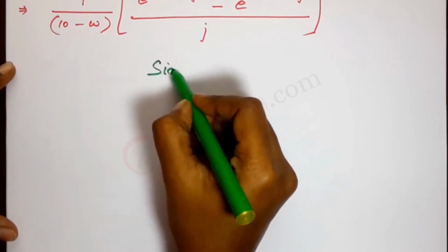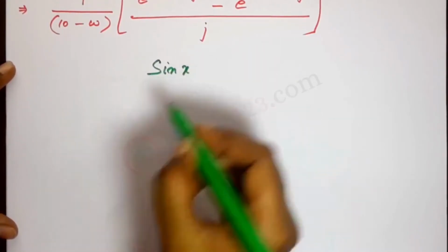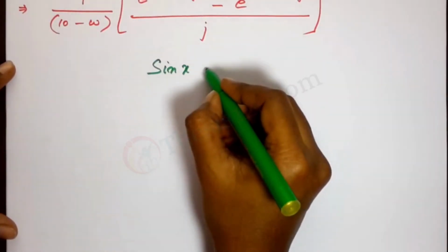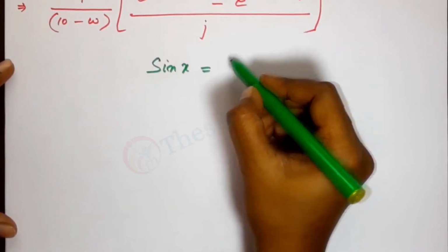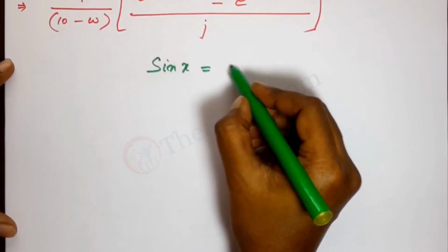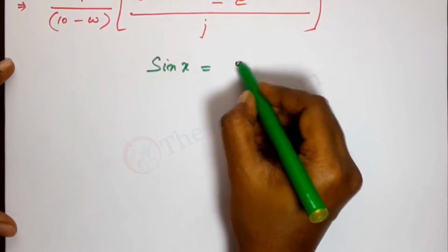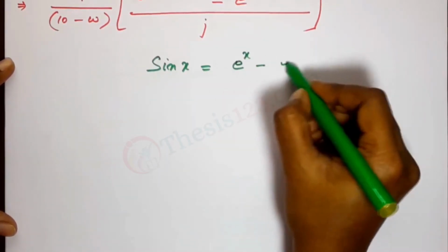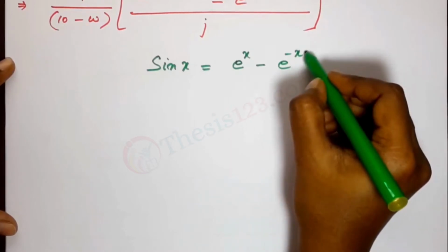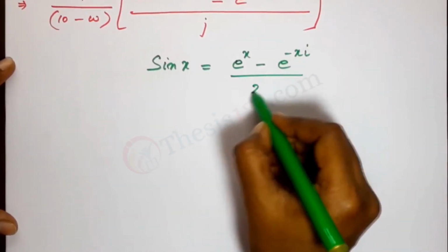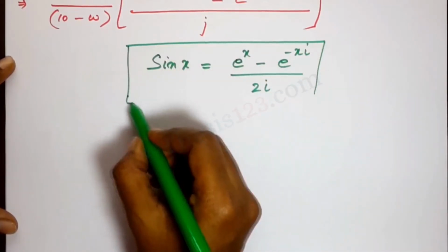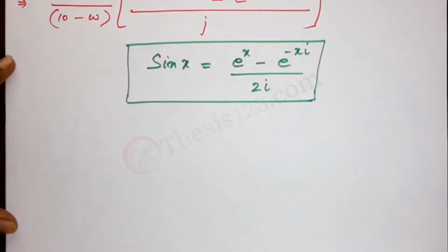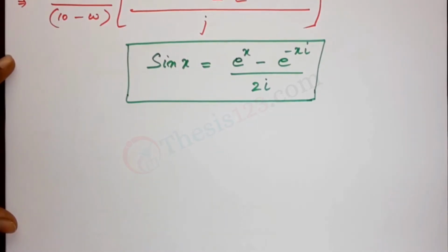So sine x, I'll write it down in terms of this, the formula here for you, so that you would know how we would change that. Now sine x is written as e power jx minus e power minus jx divided by 2j.